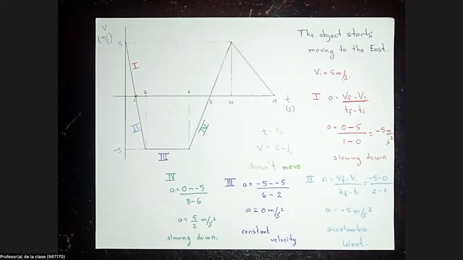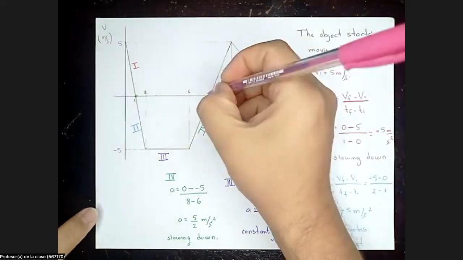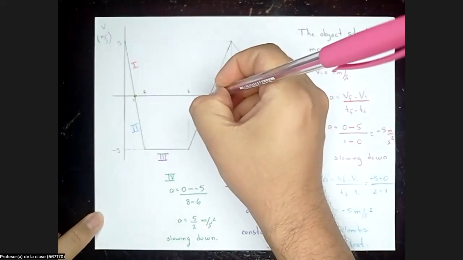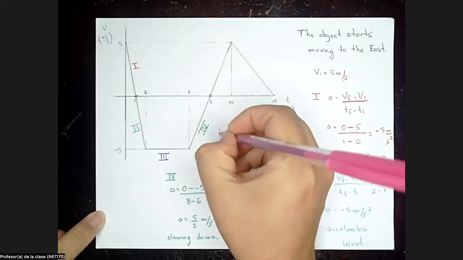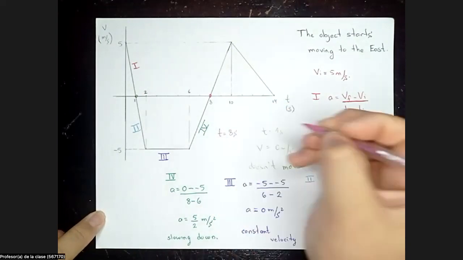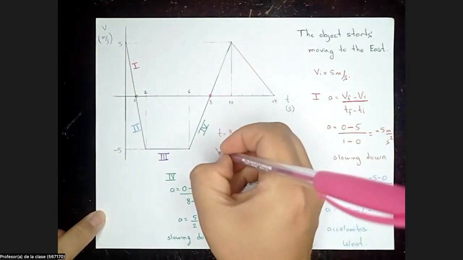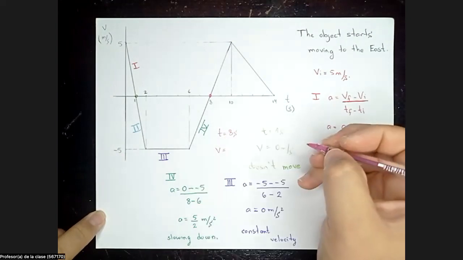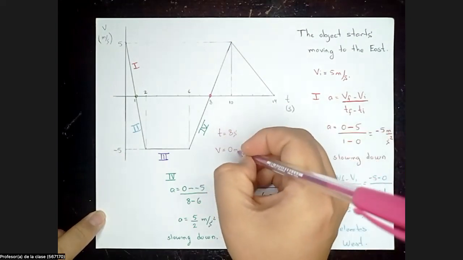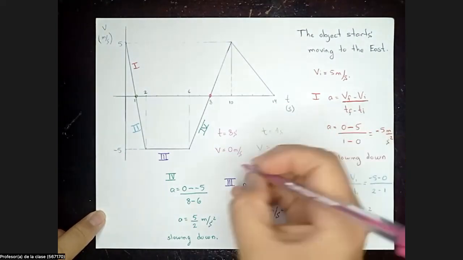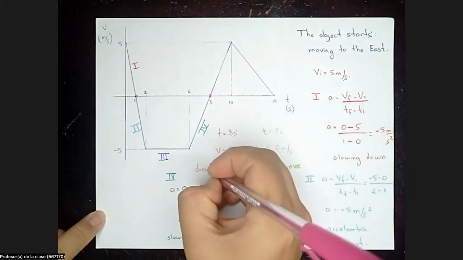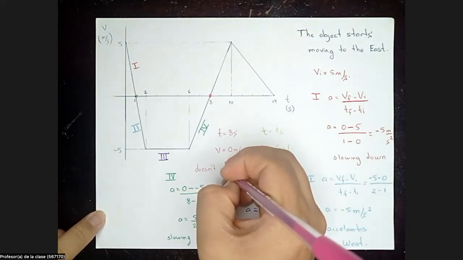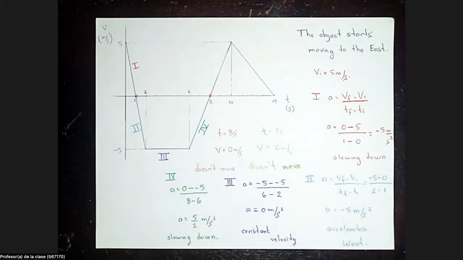Because here, this point over here, at 8 seconds, the velocity of the object is 0 again. So the object doesn't move. Very good.